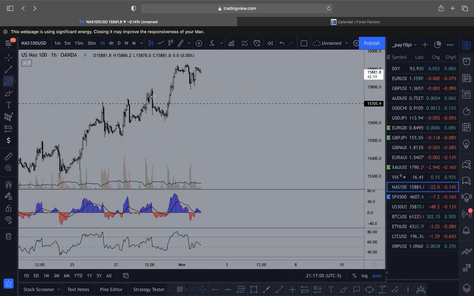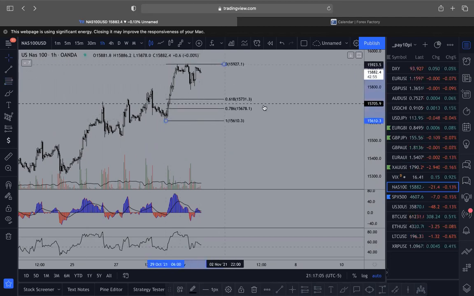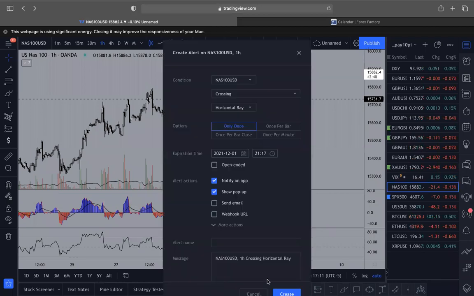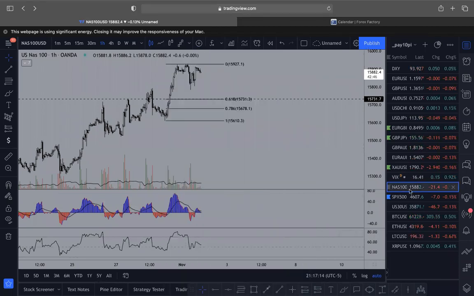The only way I would buy the NASDAQ is if it came back into this right here. That's worth looking at, so we'll see what this looks like.